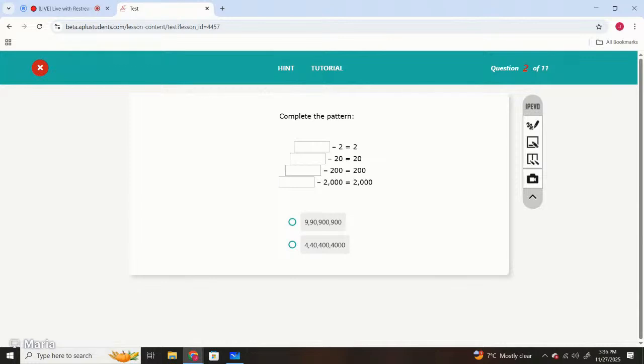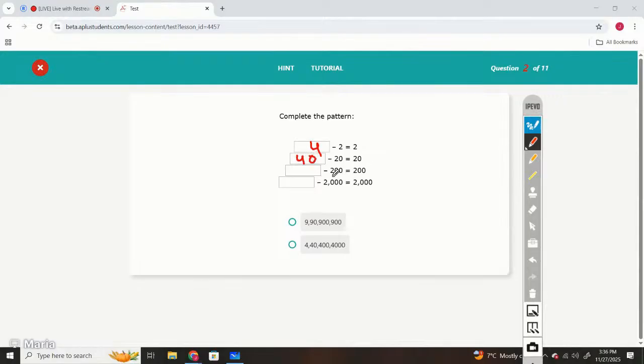Complete the pattern. So, which is the correct option? 4 take away 2 is 2. 40 take away 20 is 20.